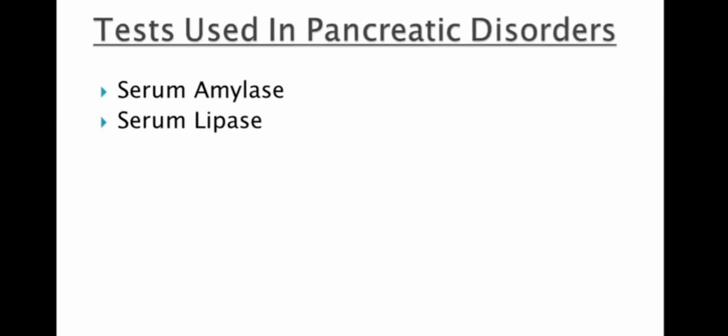So if you suspect pancreatitis, then you have to see the serum amylase and lipase. Serum lipase is very important. Why? Because with the inflammation in the pancreatic cells, lipase will be produced more, and the level of lipase will be high. So that is very important.